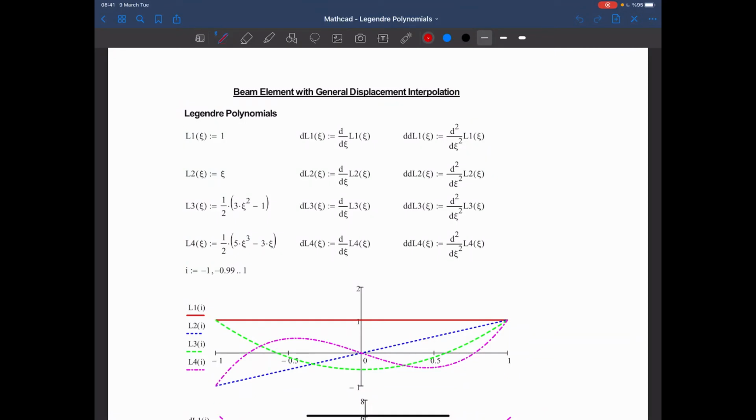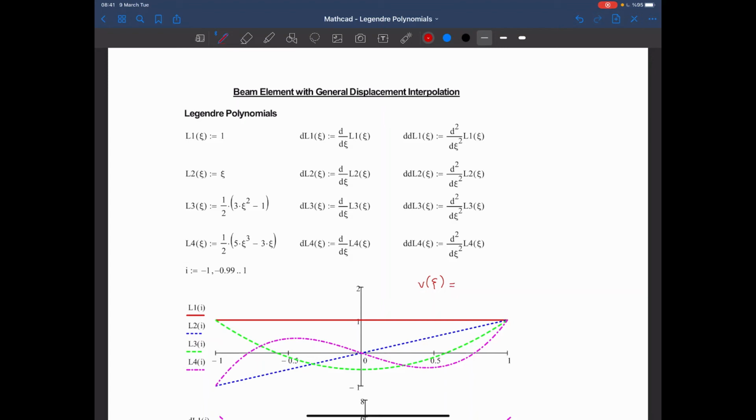Now let's take a look at the implementation of the beam with the general displacement interpolation. Remember that in this case we were using the following equation for the displacement interpolation.